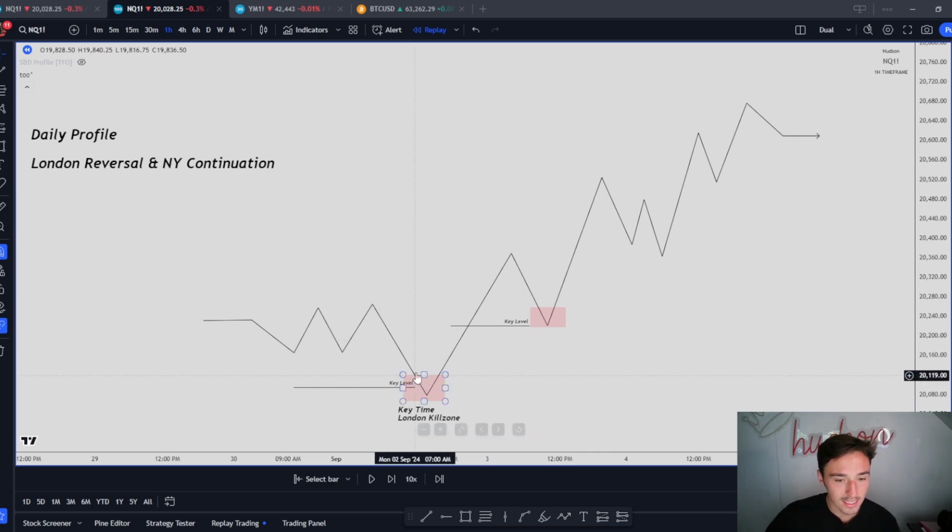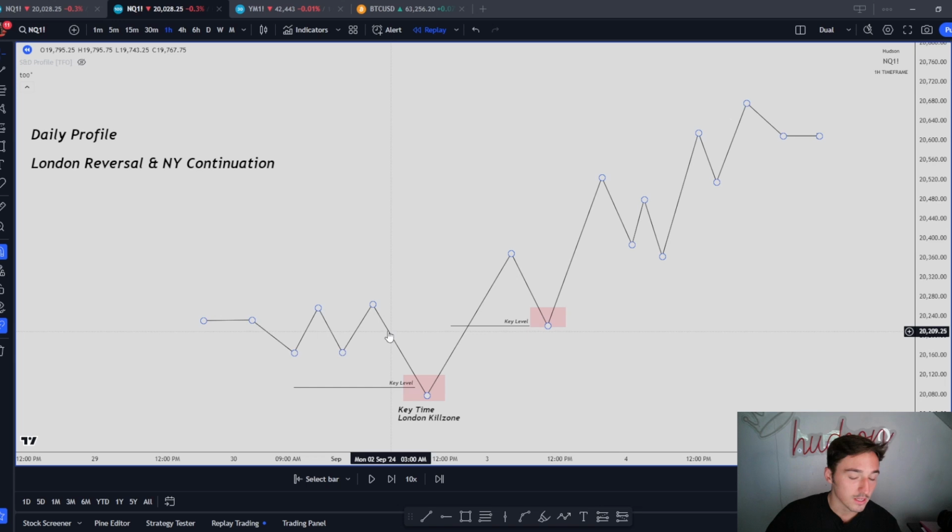So let's say that this is the London kill zone. If you have not watched that video, go watch it. London kill zone trades into a key level, aka an order block or a fair value gap. Those are primarily the only PD arrays that I use anymore. Order blocks and fair value gaps. Make sure from 2 to 5 a.m. the London kill zone has traded into a key level.